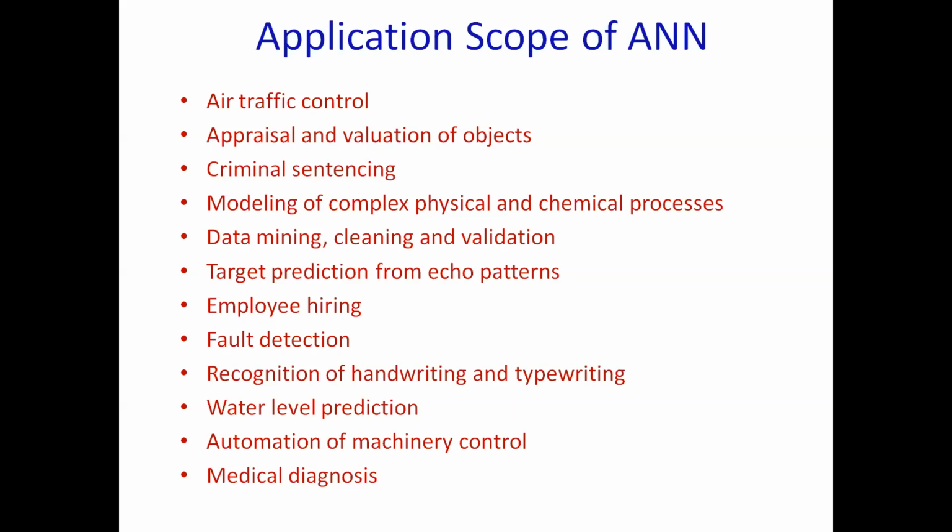Sometimes you can have a kind of target prediction process from echo patterns. So the echo patterns from sonar or radar or seismic or magnetic instruments could be used to predict their targets.